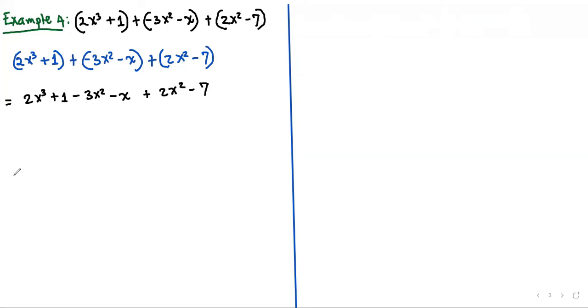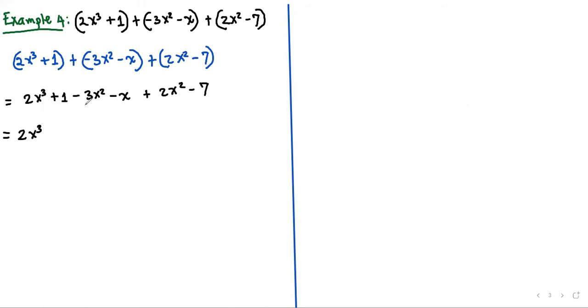Okay, so at this stage, we are going to collect the like terms. So we are having 2x cubed. We don't have any other x cubed. So this means that we are going to write this alone. We write it as 2x cubed. Okay. Next, let's look for another x. So here we are having x squared.